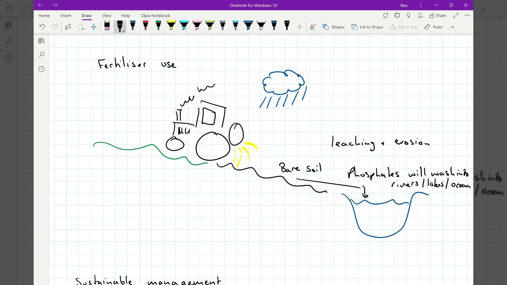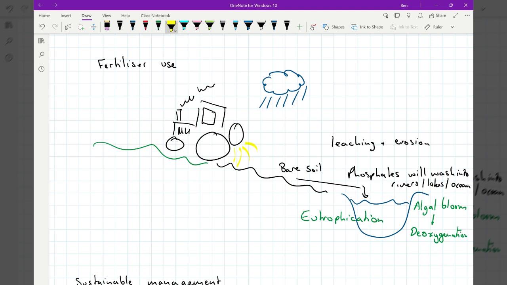And this will cause everyone's favorite environmental problem, eutrophication. Okay, where we have an algal bloom that then leads to deoxygenation. And this is important.